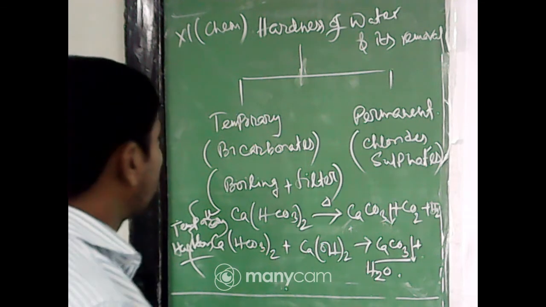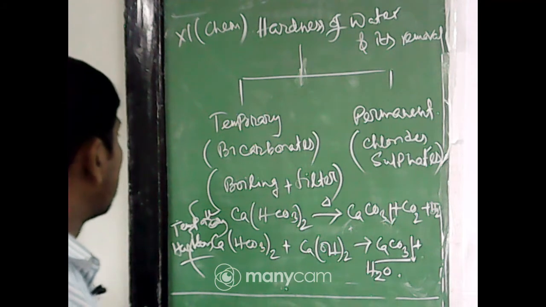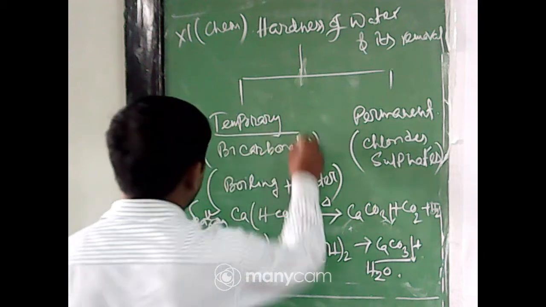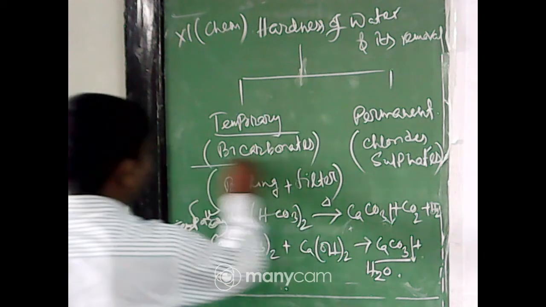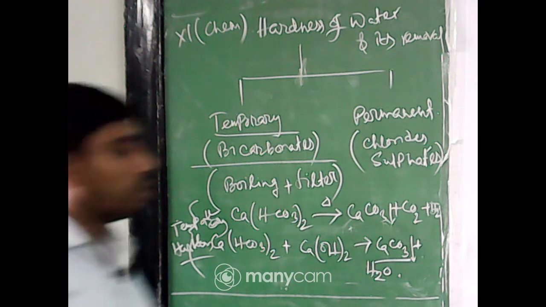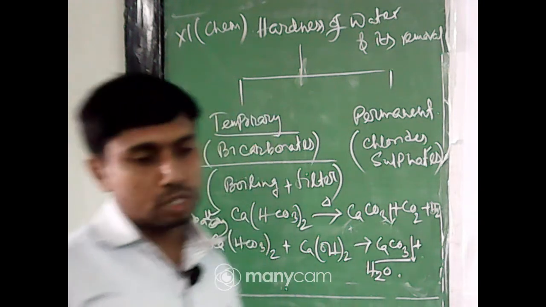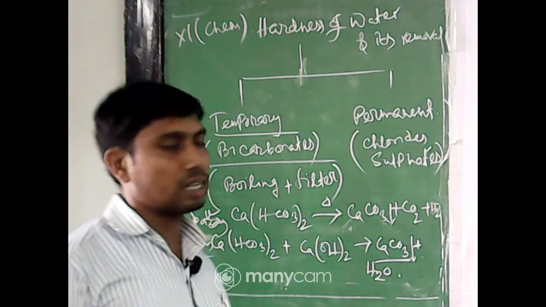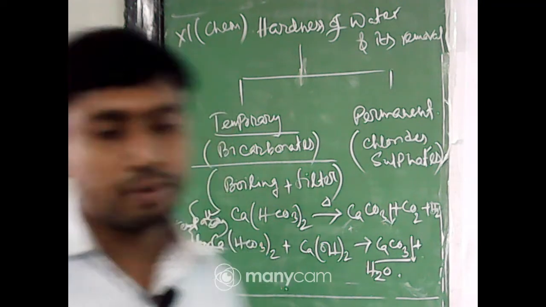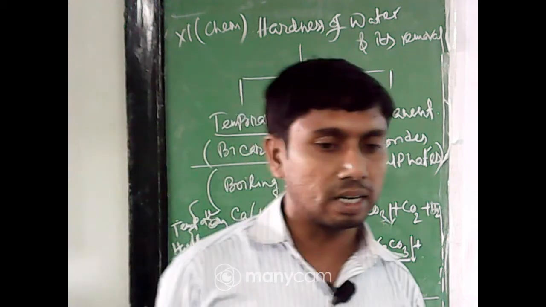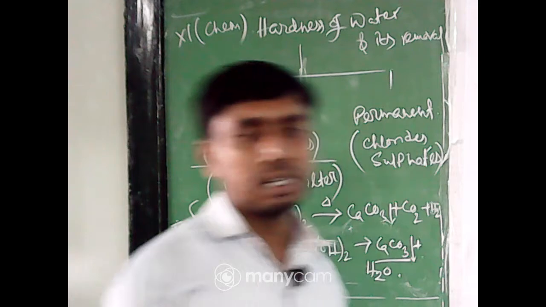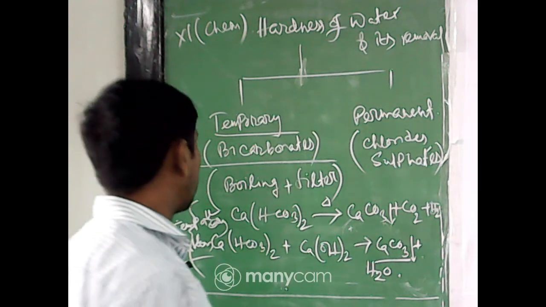I discussed this in the last class also, and I am just touching the points. Temporary hardness is due to the presence of bicarbonate salts, because bicarbonates are soluble in water. First of all you have to think about insolubility. If a substance is insoluble in water, then we can separate it out by the filtration method, which is one of the separation techniques.